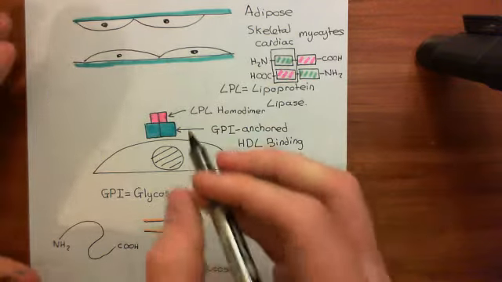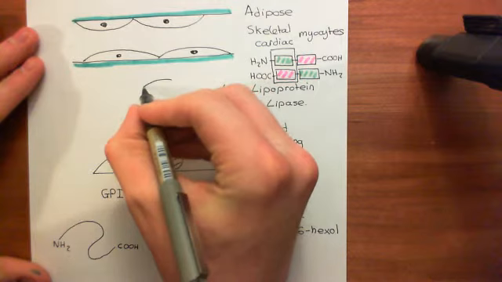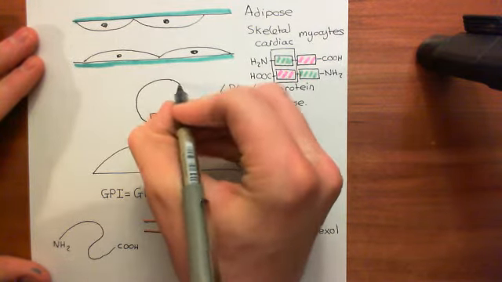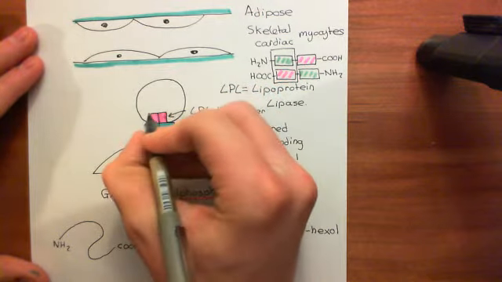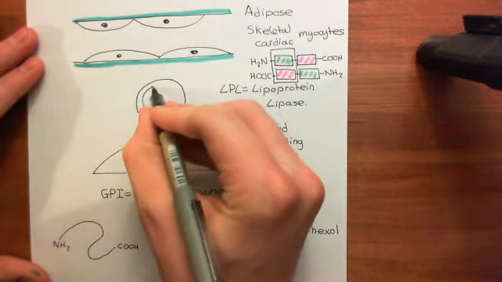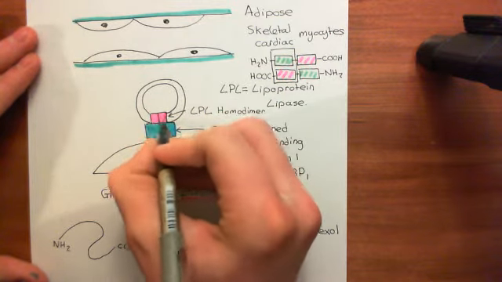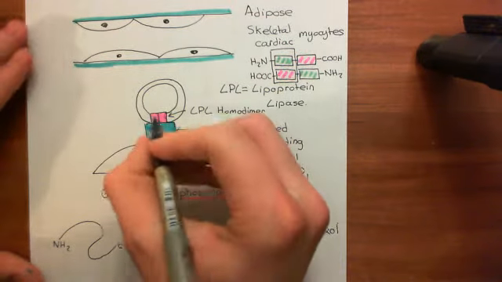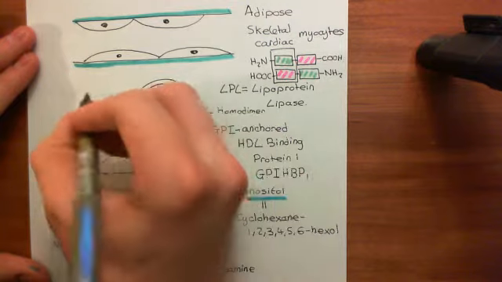What's now going to happen is this thing is going to stick itself into the chylomicron, like so. So here's our chylomicron, and let's let this represent the outer monolayer of phospholipids. What will happen is the lipoprotein lipase will stick itself through the phospholipid monolayer of the chylomicron.